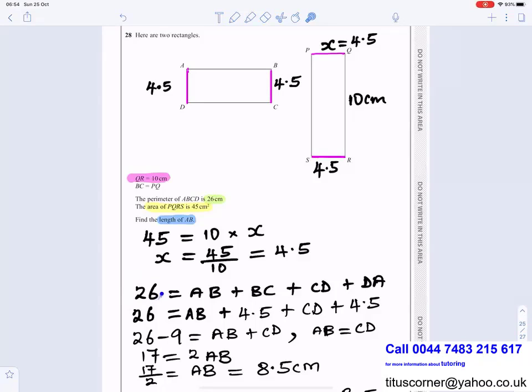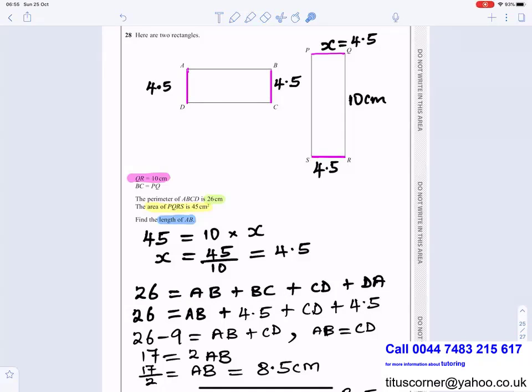Perimeter is 26, and perimeter is the distance around the rectangle. So to go around the rectangle, we add AB plus BC plus CD plus DA. That's how you work out the perimeter of that first rectangle.